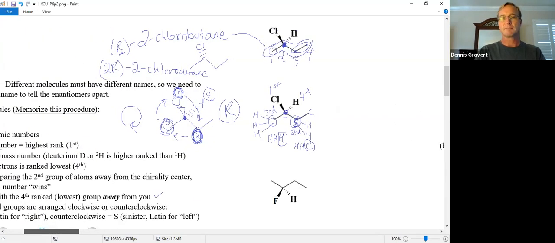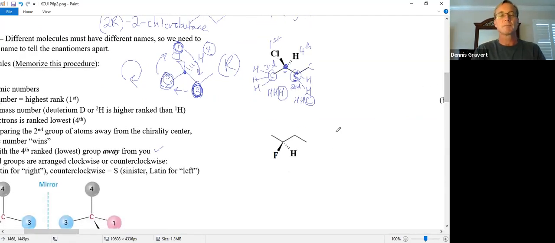All right, let's try it again. Let's do this molecule down here. So let's first name it by the IUPAC set of rules. Longest chain is 4 carbons again. Step 2 is to name it. 4 carbons is butane. Number the chain. Yeah, coming in from the left side to get to the fluorine as fast as you can.